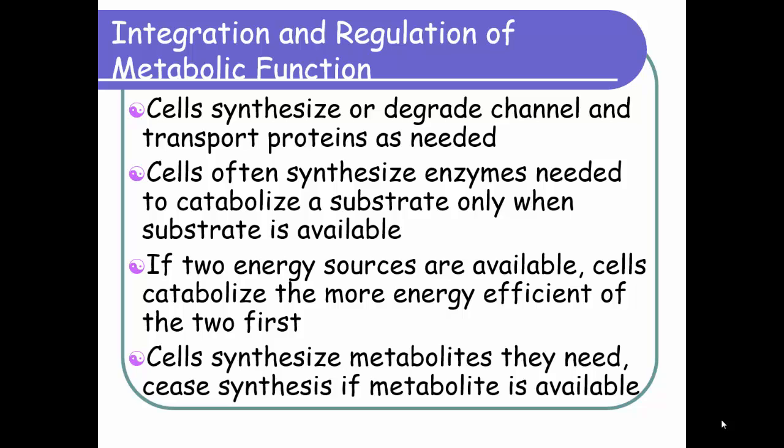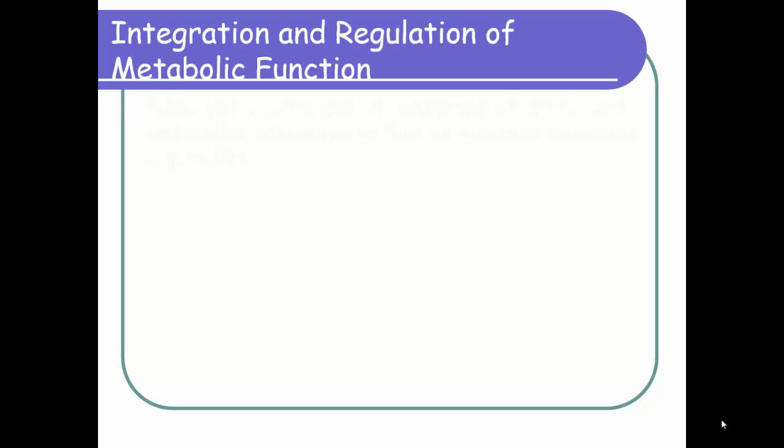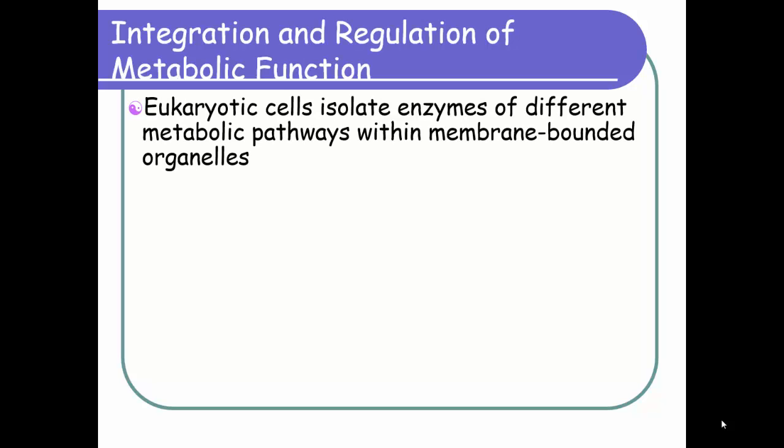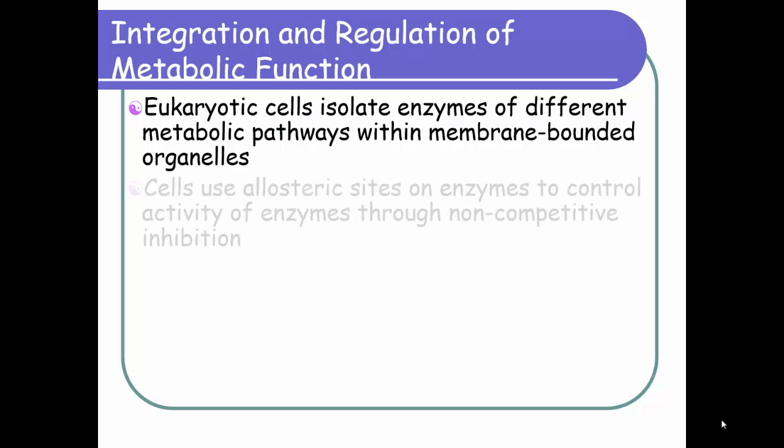Cells synthesize metabolites when they are needed, and cease the synthesis if the metabolite is available. Many times this is through non-competitive inhibition of enzyme pathways through negative feedback. Eukaryotic cells isolate enzymes of different metabolic pathways within membrane-bound organelles so that only certain things can happen in certain places within the cells.